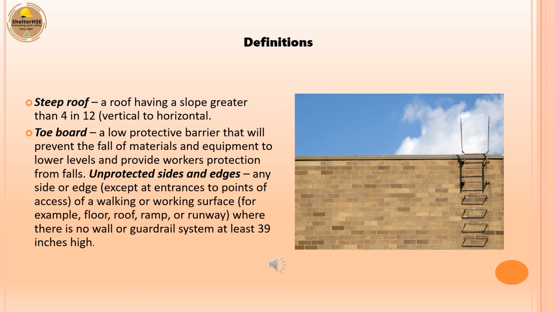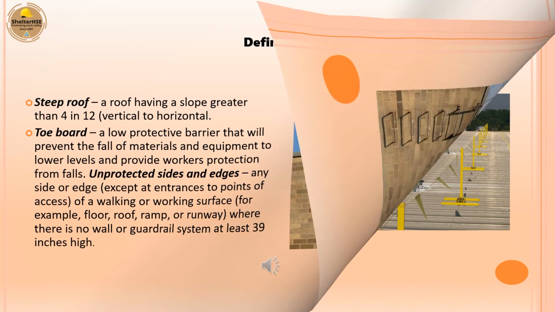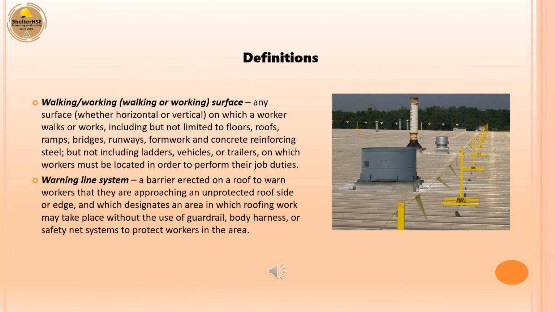Walking or working surface: any surface, whether horizontal or vertical, on which a worker walks or works, including but not limited to floors, roofs, ramps, bridges, runways, form work, and concrete reinforcing steel, but not including ladders, vehicles, or trailers, on which workers must be located in order to perform their job duties.